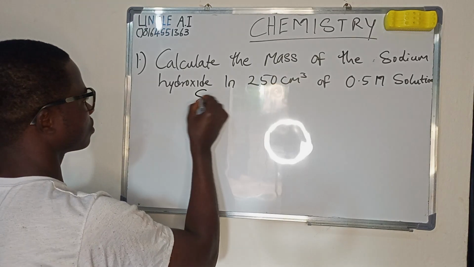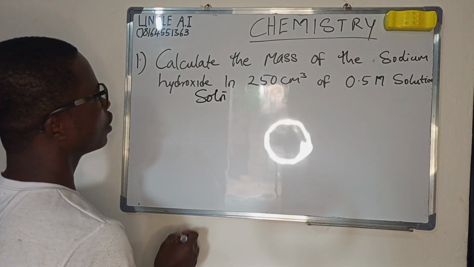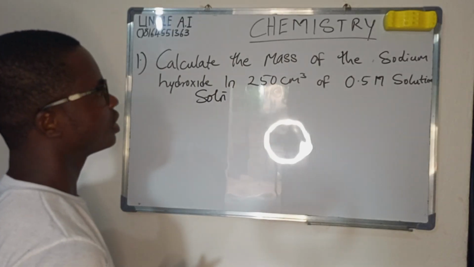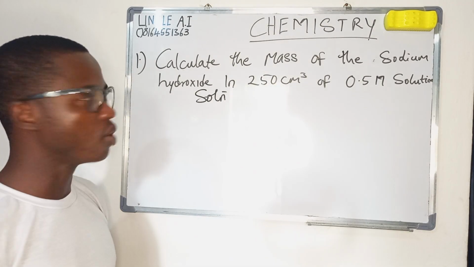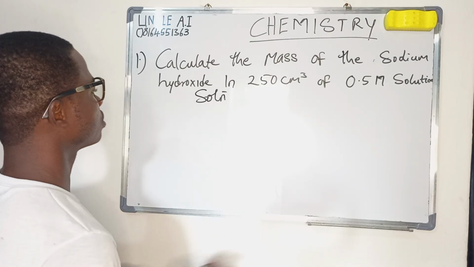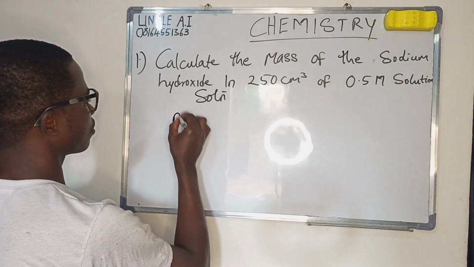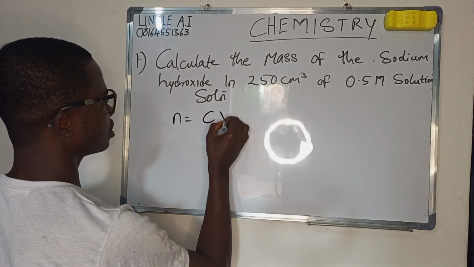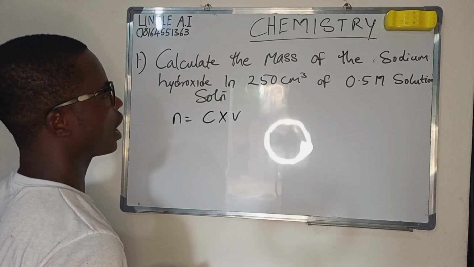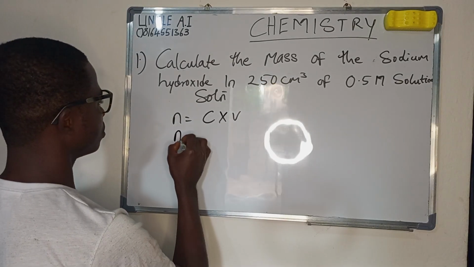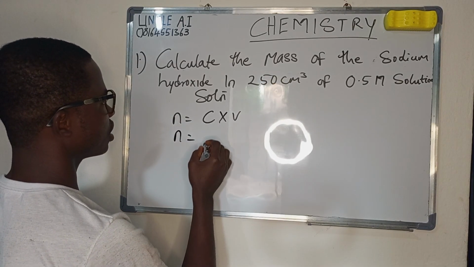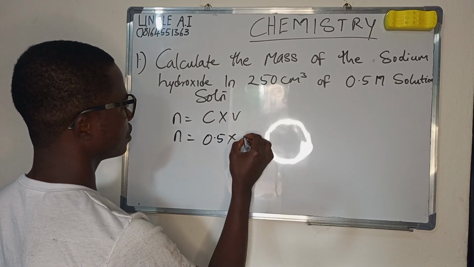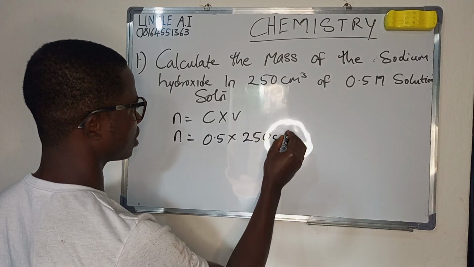Method number one, you can easily calculate the number of mole present in this solution by stating that number of mole is equal to concentration times volume. And here the number of mole will be equal to your concentration, 0.5, then the volume, 250 centimeter cube.